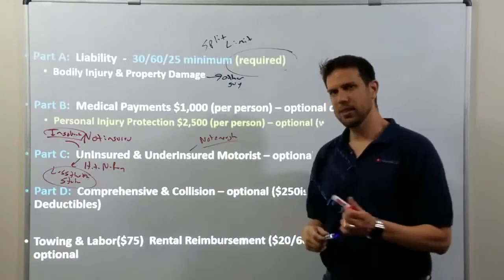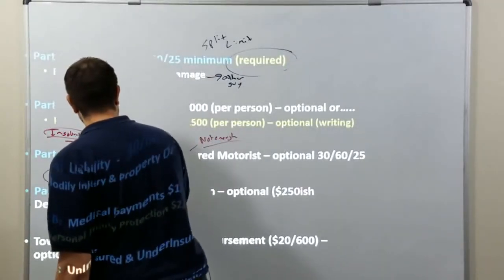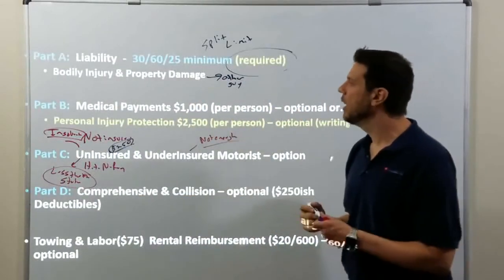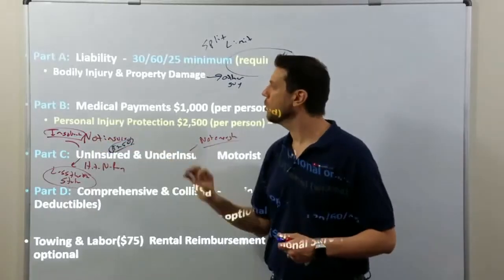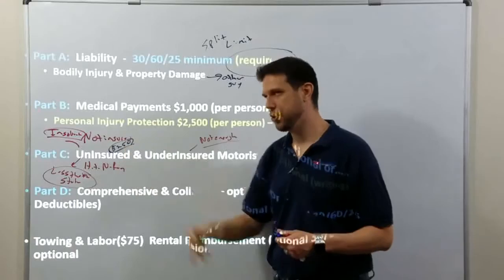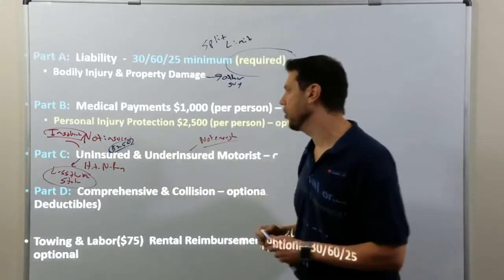Uninsured motorist has a $250 deductible. So no matter what your comprehensive and collision deductible is, if somebody hits you and runs or doesn't have insurance, you have a $250 deductible under uninsured. You also have to call the police to file a claim under uninsured.